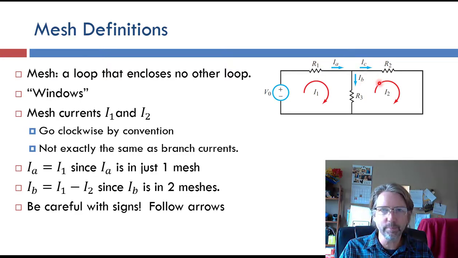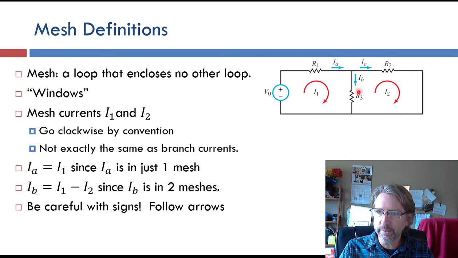So that's pretty normal. Where it changes is here, this resistor R3 is touching both the I1 mesh and the I2 mesh. And so for the current through R3, we draw a line like IB here, an arrow going down. Then we have to add and subtract the mesh currents according to this arrow.